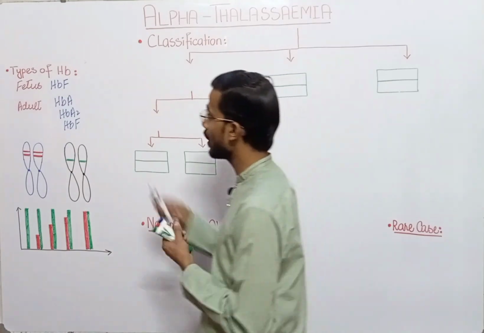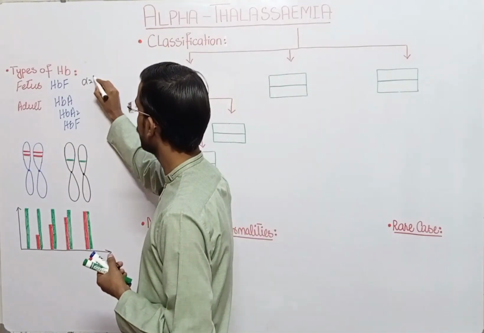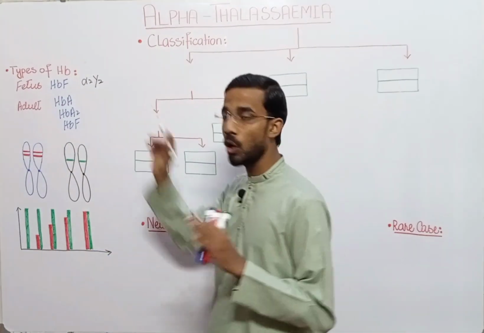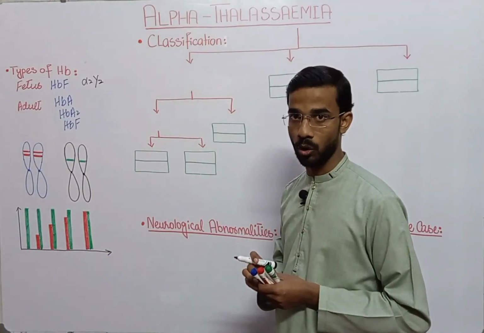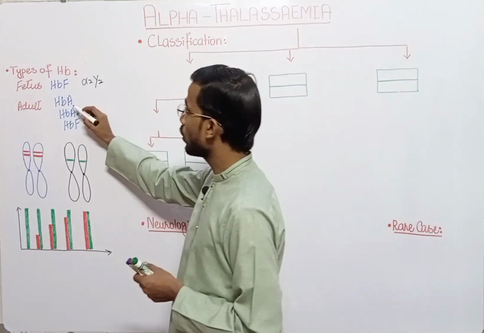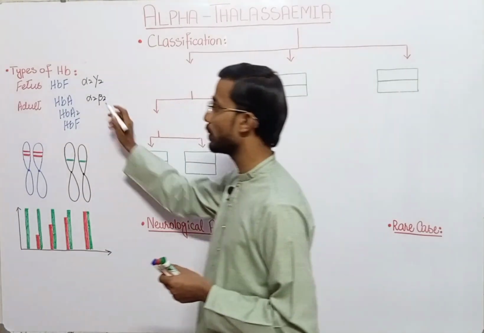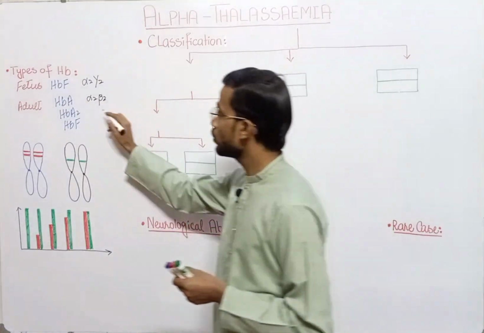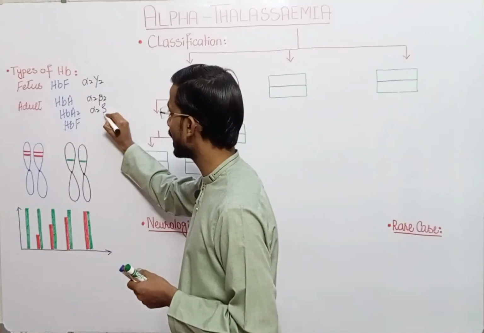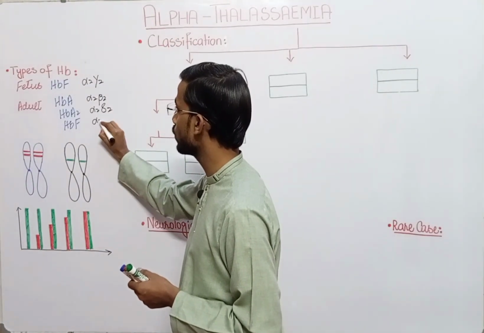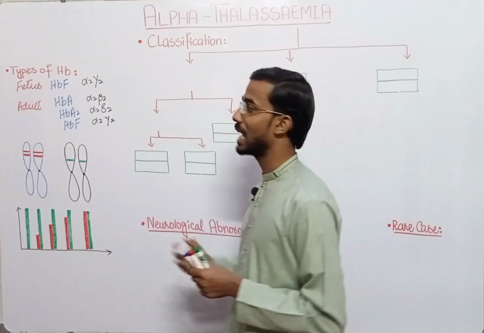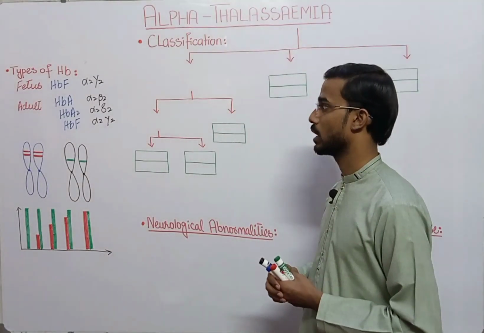HbF has 2 alpha and 2 gamma globin chains. Hemoglobin A has 2 alpha and 2 beta globin chains. A2 has 2 alpha and 2 delta globin chains.